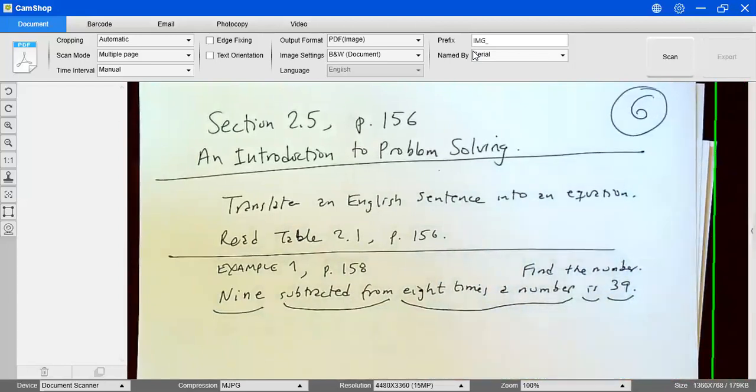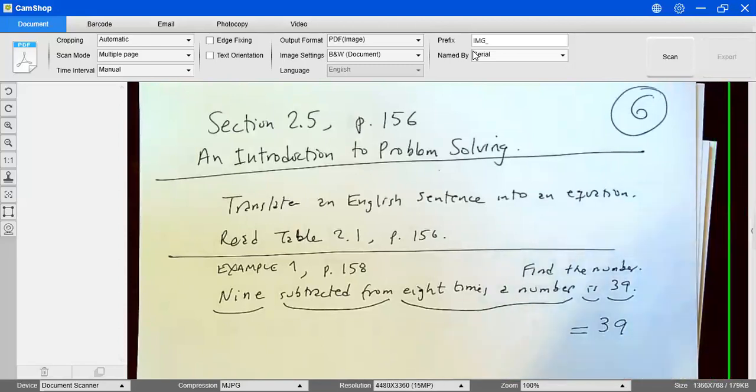So we have several pieces of this sentence. "Is 39" is just the equal sign and 39. Once you find the verb, you have the left-hand side and the right-hand side in the sentence. So the right-hand side is just 39 in this case.